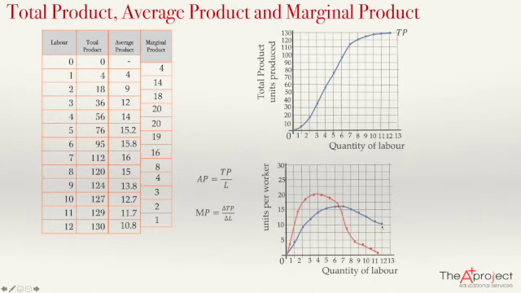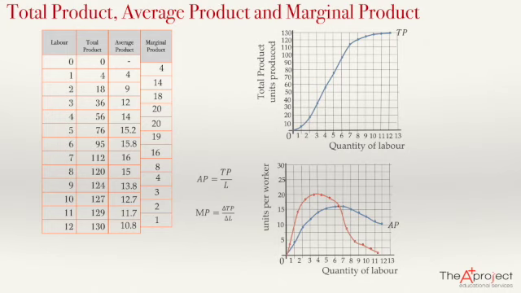So we have here that this is the average product, this is the marginal product, and we notice several things here. The first of them is that there is an intersection. If hiring 1 unit more, the production increases more than the average product, then the average product will be increasing. And the opposite, if when hiring 1 unit more, the production is smaller than the average product, then the average product will be decreasing.